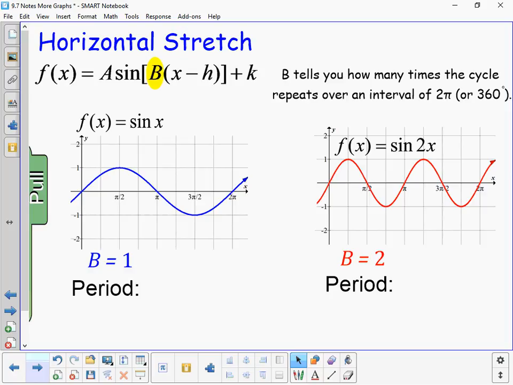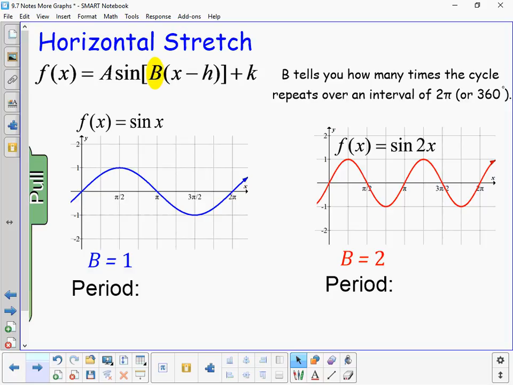It's a horizontal stretch. Now b does tell you something directly, but it's something that's hard to use sometimes directly on the graph. What b is telling you is how many times the cycle repeats over an interval of 2 pi, or in degrees 360 degrees.